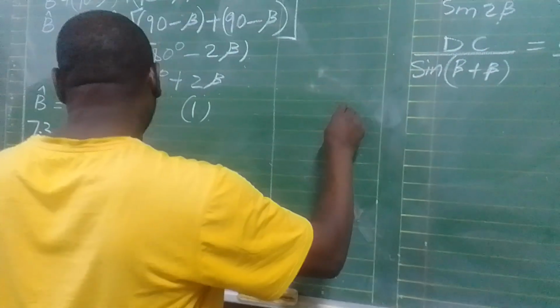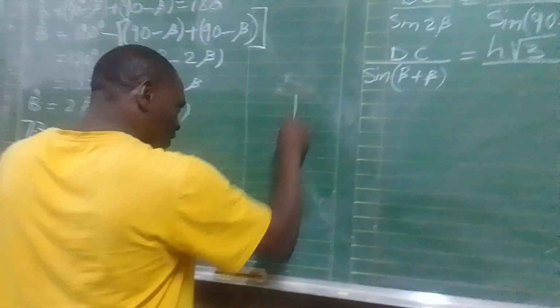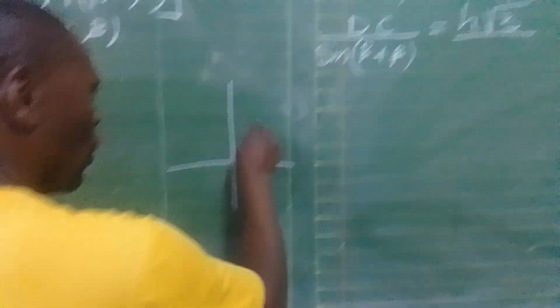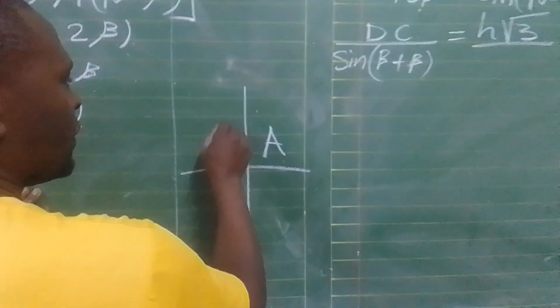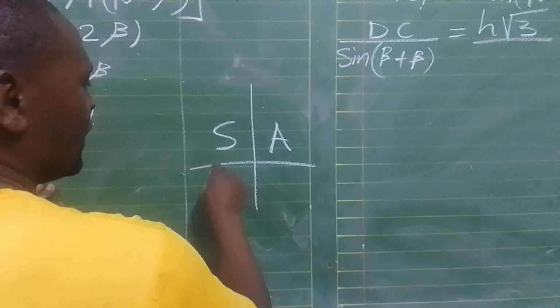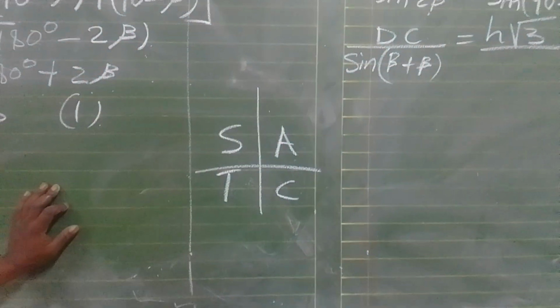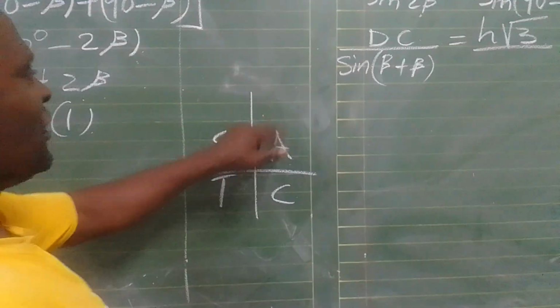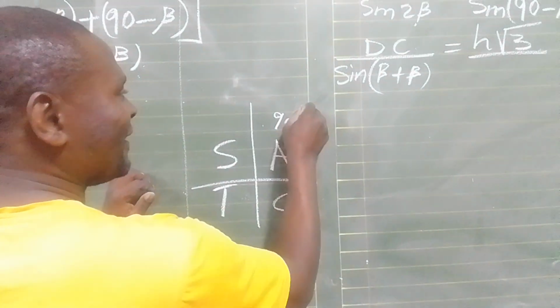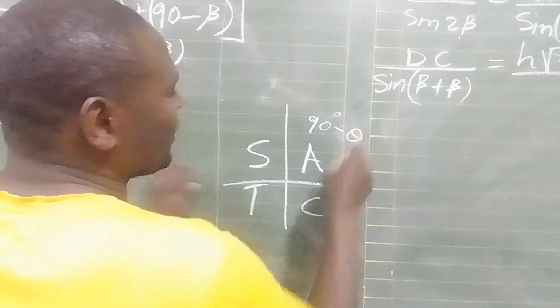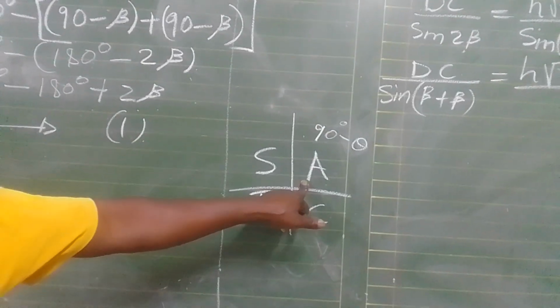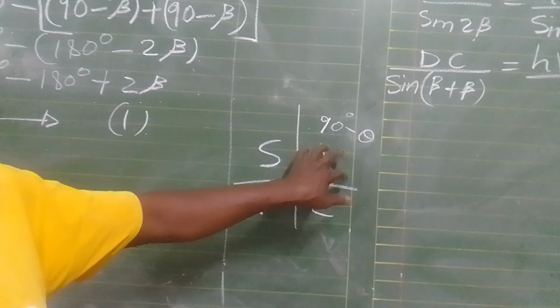We're coming back to the CAST rule. The CAST rule says: all students take coffee. 90 minus theta is in the first quadrant, and all the trigonometric functions are positive.